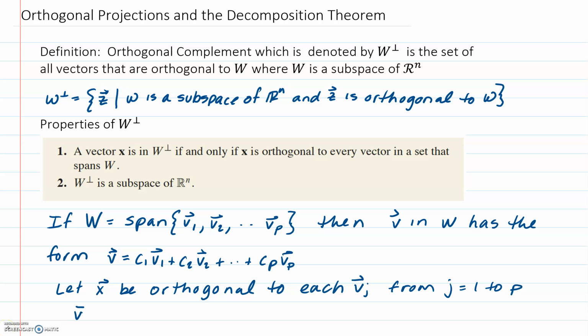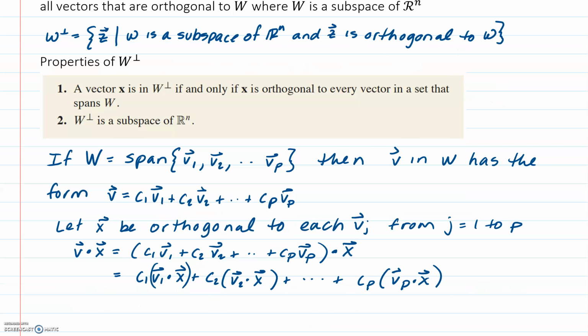And let's look at V dotted with X. V is written as c1v1 plus c2v2 plus ... cpvp, and we dot that with X. From the properties of inner products, we can distribute X to get c1 times v1 dotted with X, plus c2 times v2 dotted with X, and so forth.